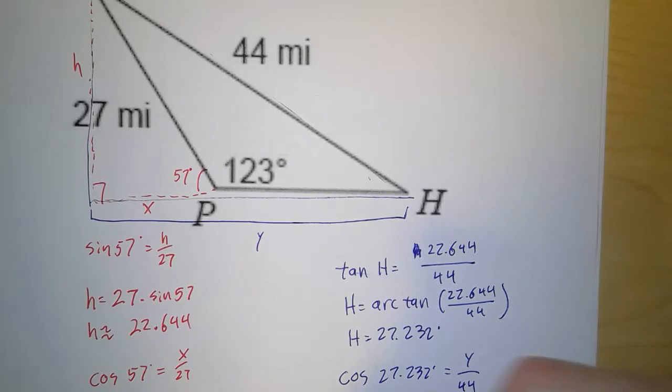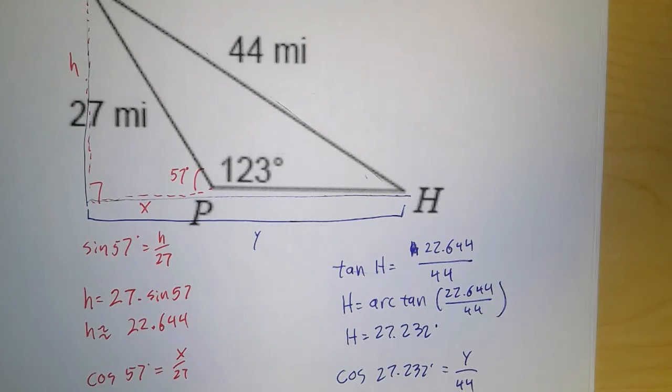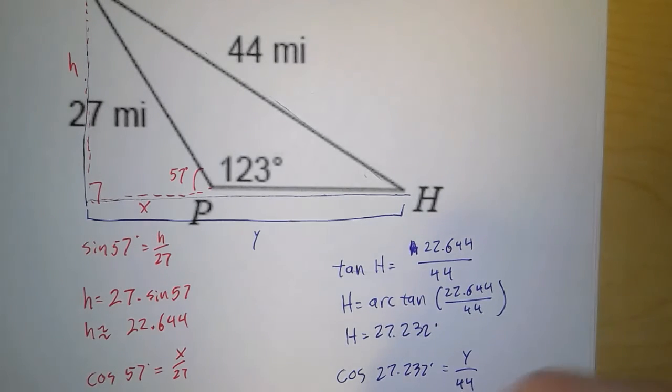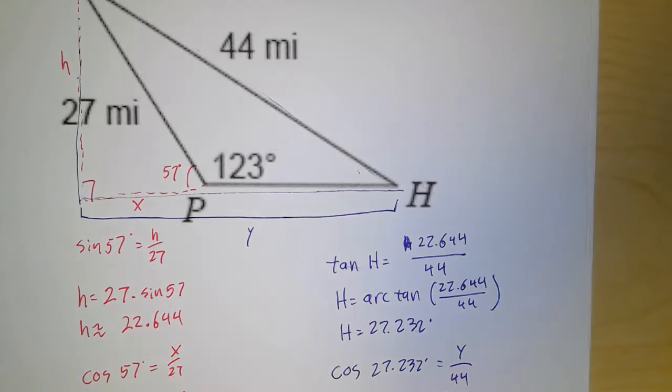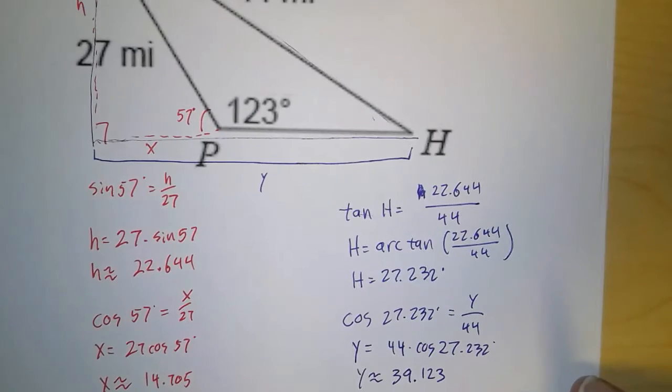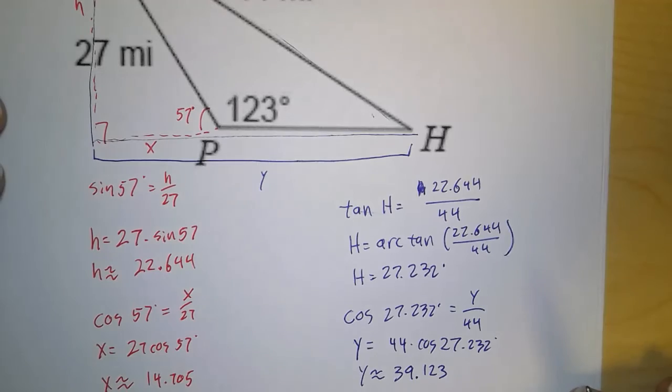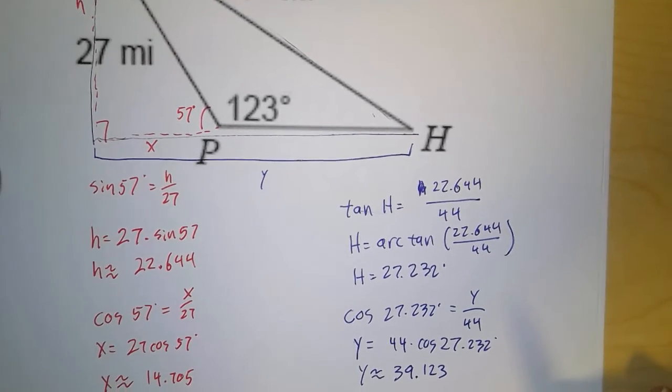So y equals 44 times cosine of 27.232 degrees. And so y is an approximate value of 39.123.